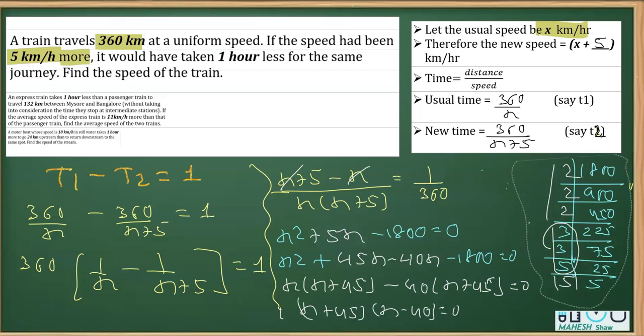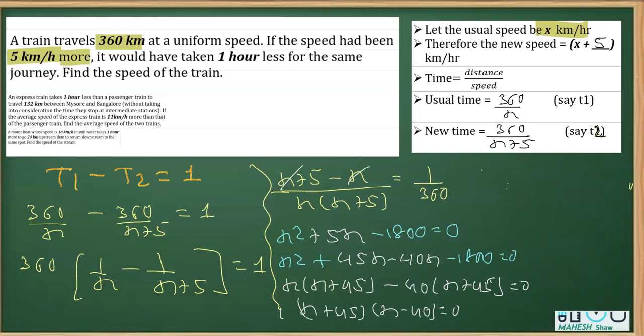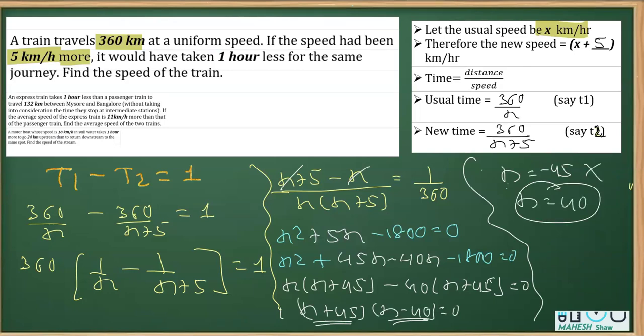So let's erase this part. Now, equating this with 0, we get x is equal to minus 45. Equating this with 0, we get x is equal to 40. Clearly, speed cannot be negative, so we'll declare x is equal to 40 is the speed. We have done the second question also.